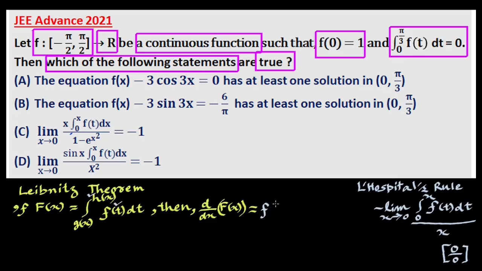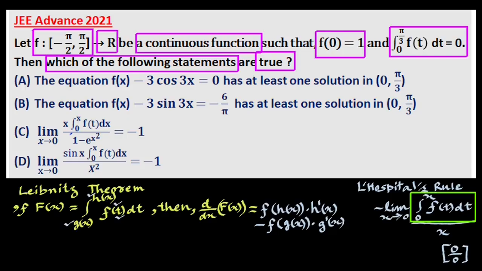So it will be f of h(x) into the derivative of h(x), h dash x, minus, we have to again replace this t by the lower limit g(x). So this will be f of g(x) into the derivative of g(x), g dash x. So by using Leibniz theorem, we will find the derivative of this definite integral.